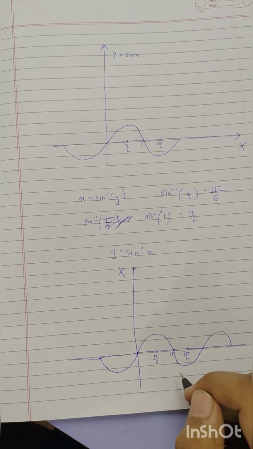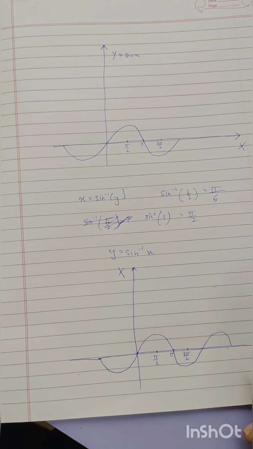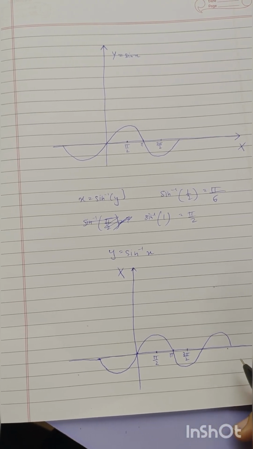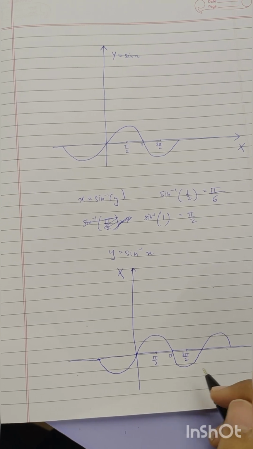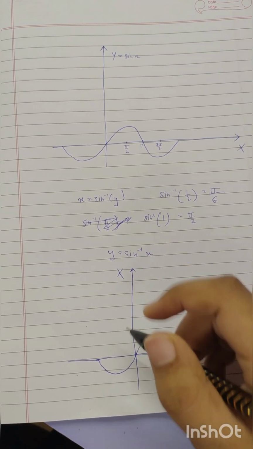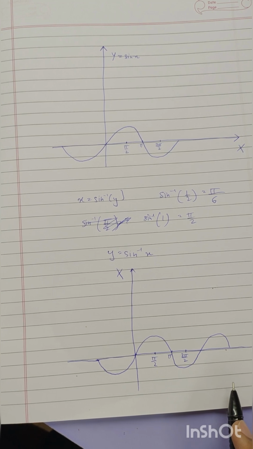Here you can rotate the graph to get the x-axis on the horizontal line, but I will keep the graph this way for now.